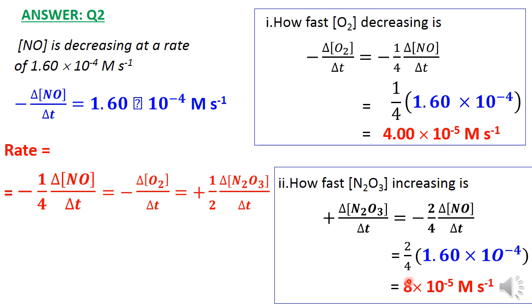So we get the value for the increasing of N2O3 as 8 times 10 to the power of minus 5. Here you can see that the rate for the decreasing of NO is 4 times the decreasing of O2 and is twice the increasing of N2O3.